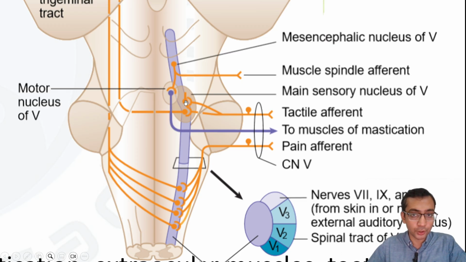That is usually the second order neuron, the main and spinal. But in the case of proprioceptive fiber, this is the first order neuron.